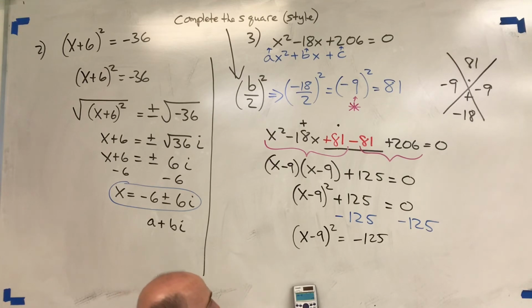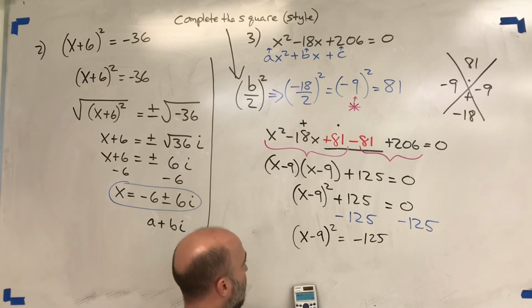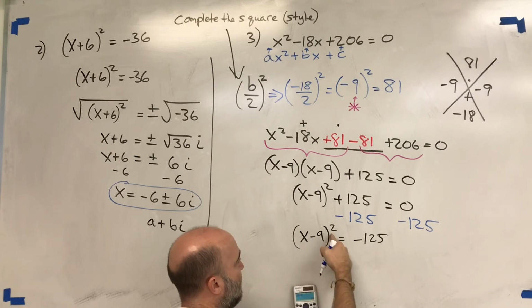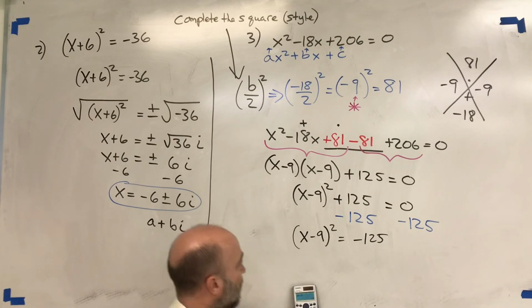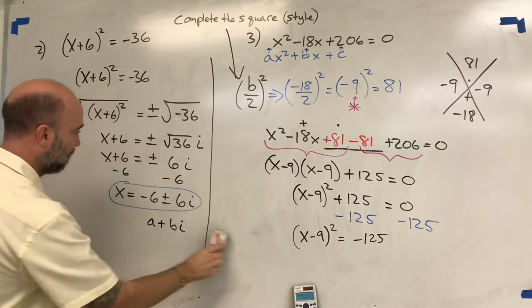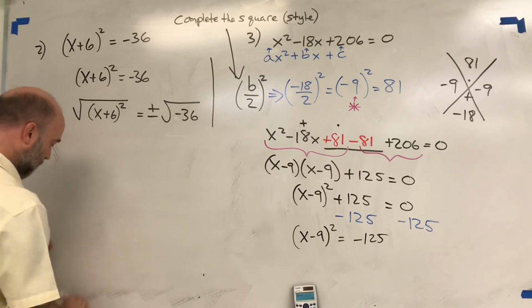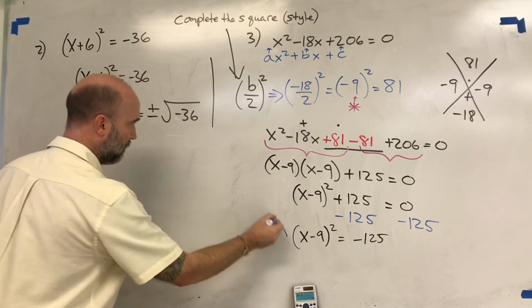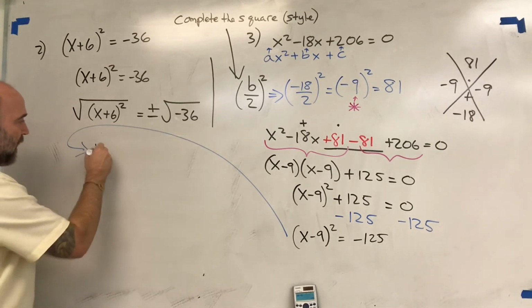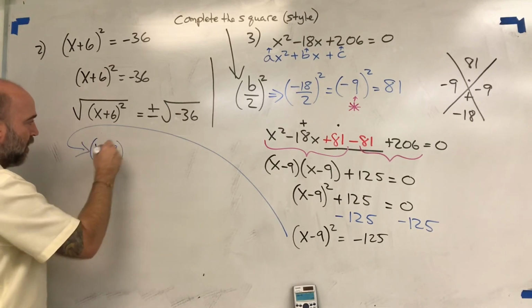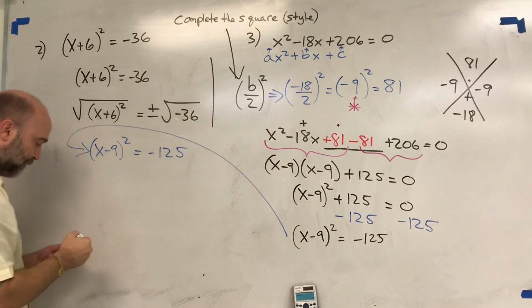Running out of room here, I'm just going to go right into the solution. So I have x minus 9, quantity squared, equals negative 125.